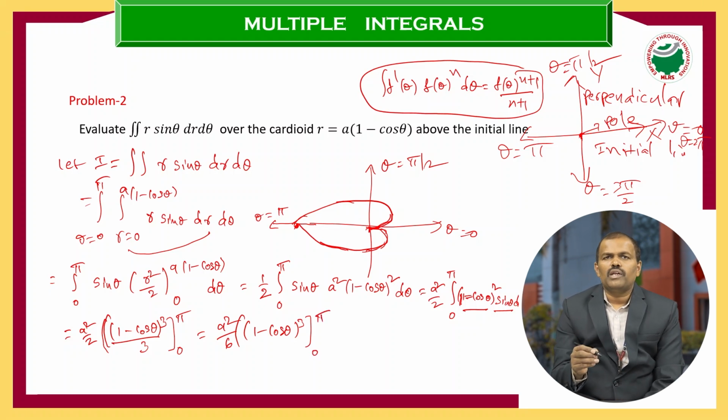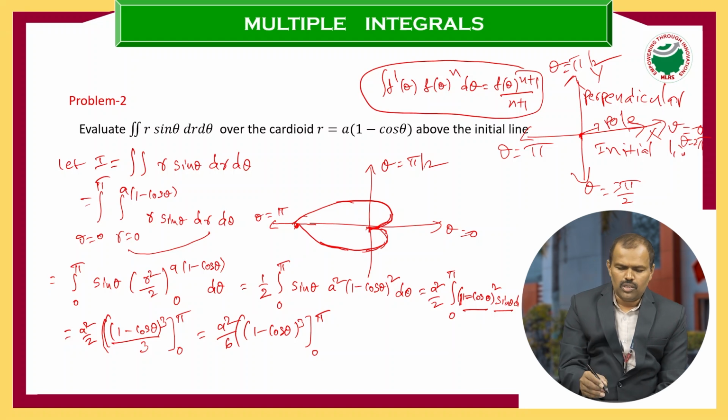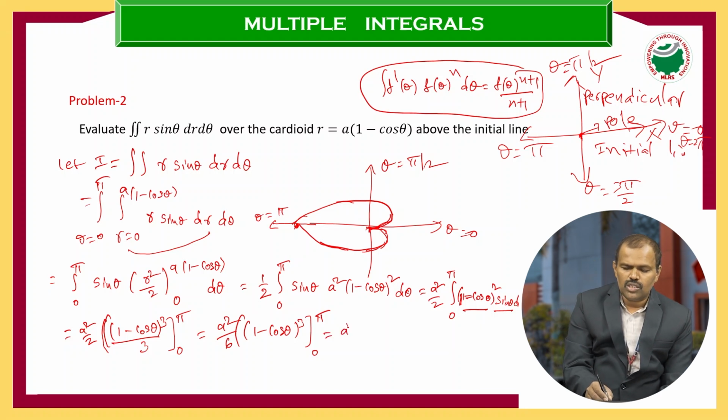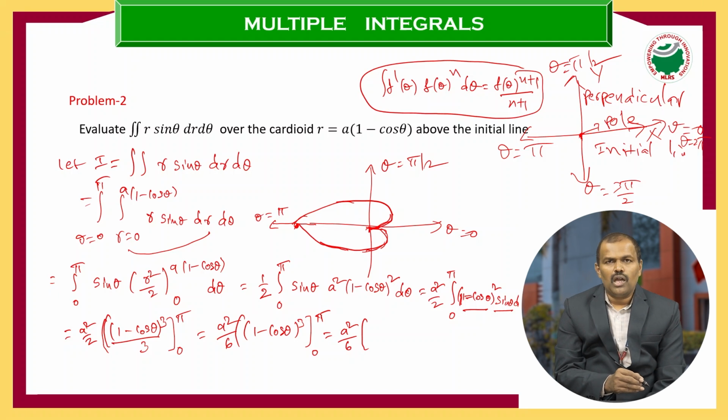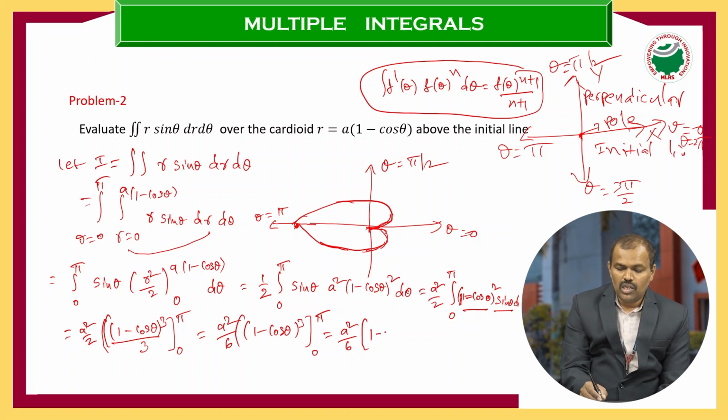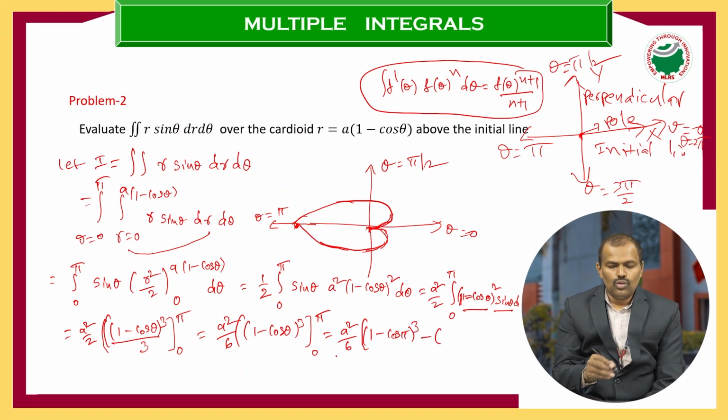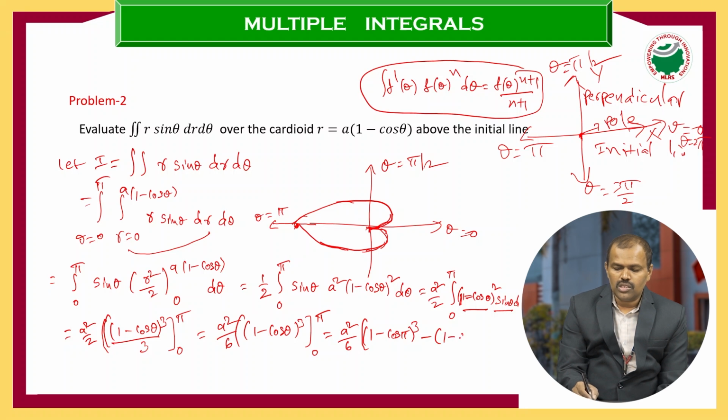Now it's time for applying upper limit minus lower limit. So that is equal to a square by 6 into, first I am writing theta is pi, the upper limit, 1 minus cos 180 whole cube. This is upper limit minus lower limit. Lower limit means theta is equal to 0, so that is 1 minus cos 0 whole cube.